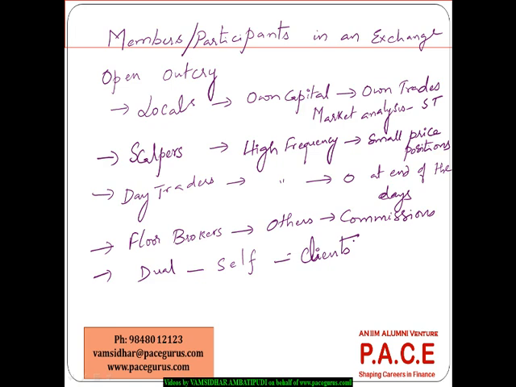Then the most important dimension as a part of this session, the various functions of a clearing house. See, clearing house, as we have been talking of, it performs various things, right?